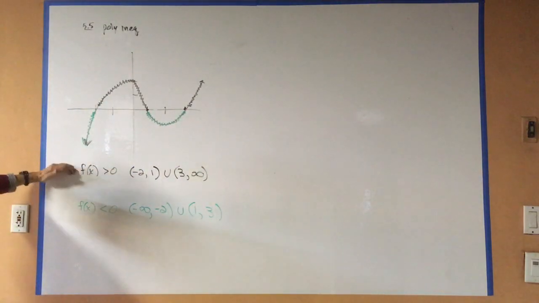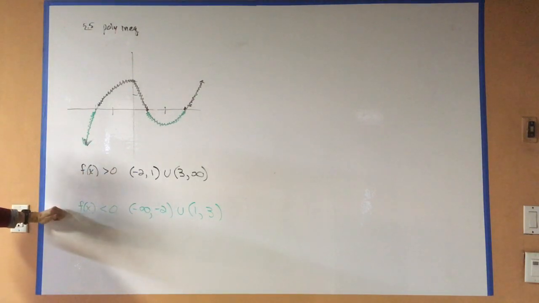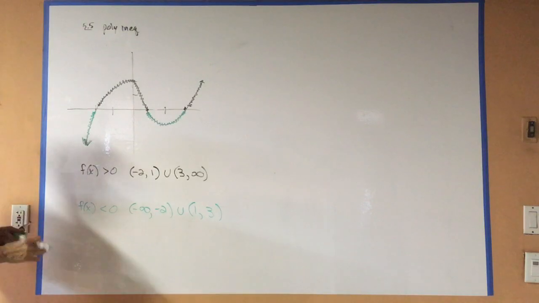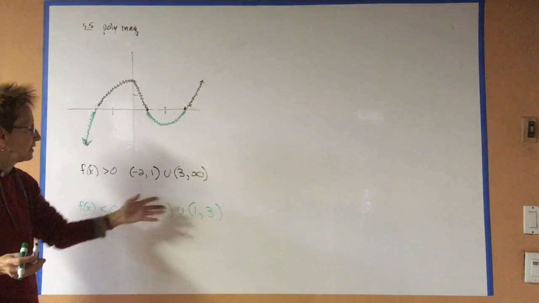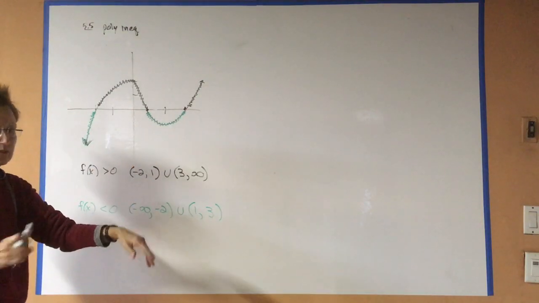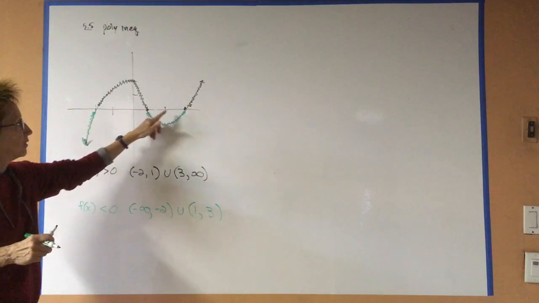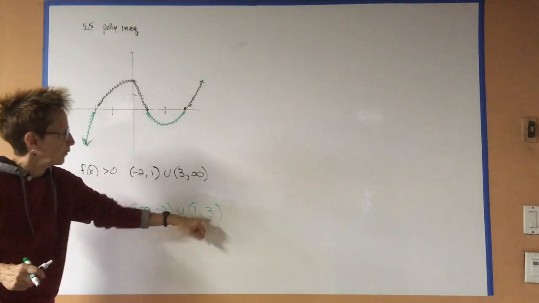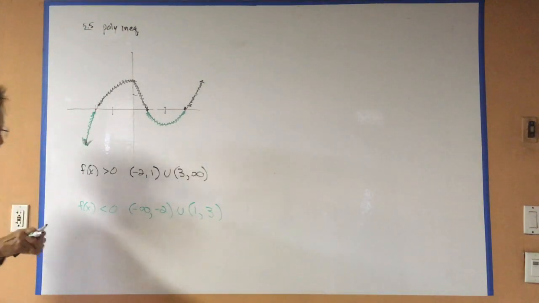So here's where the y values are greater than 0, here's where the y values are less than 0, looking at the picture or the graph of the polynomial function. And if I put all these together, I should get from -infinity to infinity, except for the actual zeros. So -infinity to -2, -2 to 1, 1 to 3, 3 to infinity. So you can see the pattern there.